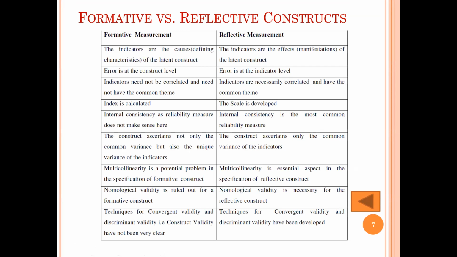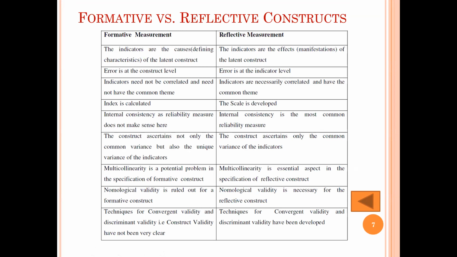Now, in simple management-level things, when you are using AMOS, customer commitment towards a brand can be your latent construct, and that is built through observed variables like willingness to buy, word of mouth, or continue buying. That is reflective.